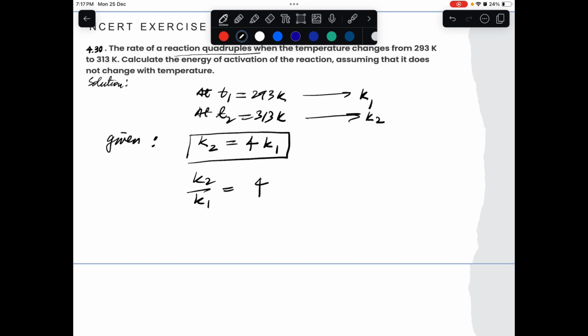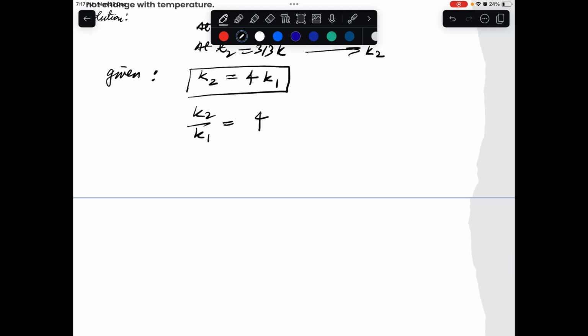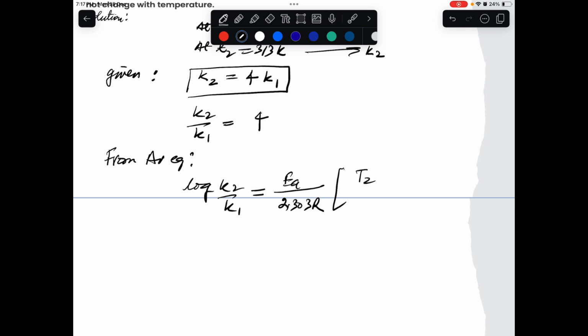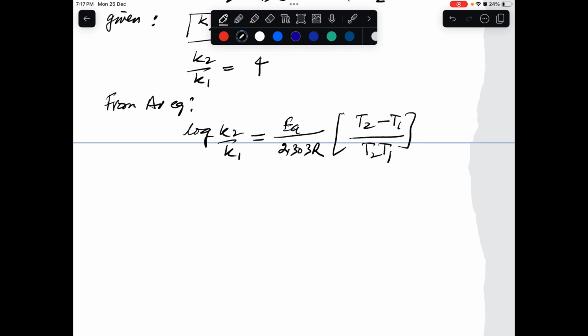Now we will write down the Arrhenius equation in terms of two temperatures. We have written it before: log K2 over K1 is equal to EA divided by 2.303 R and T2 minus T1 divided by T2 into T1. We have derived this relationship. So we put down the value of K2 over K1, that is 4.